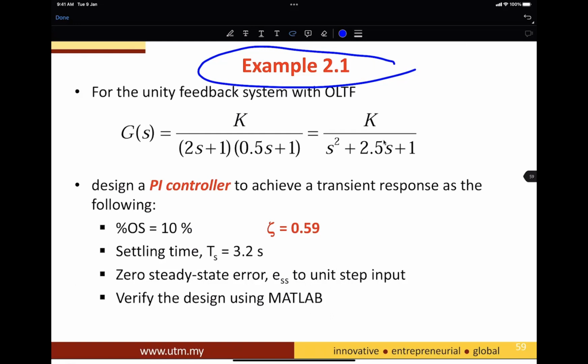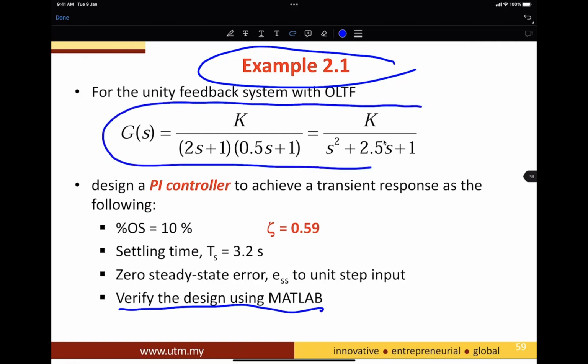Verify the design using MATLAB. So this one, MATLAB will be the last one. You are given the open loop transfer function, OLTF, and the system type is type 0. Design a PI controller to achieve a transient response as the following.